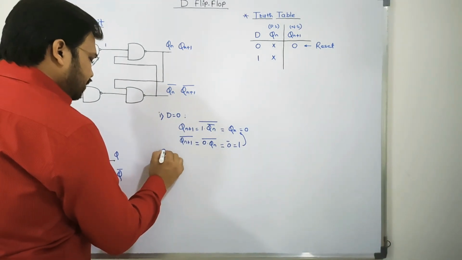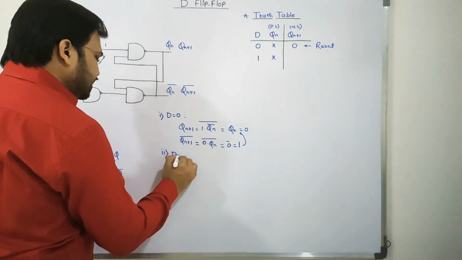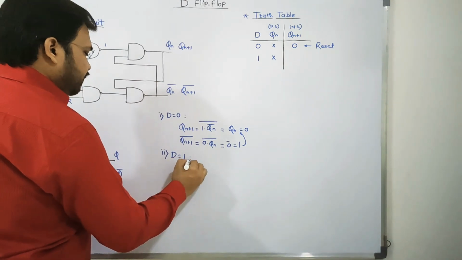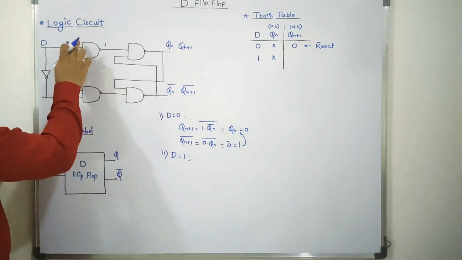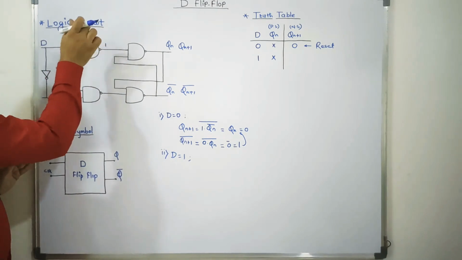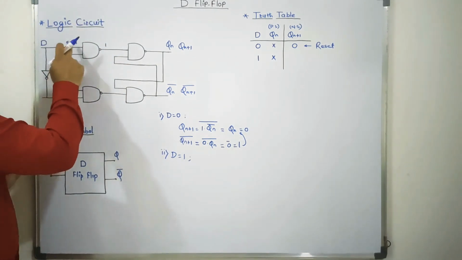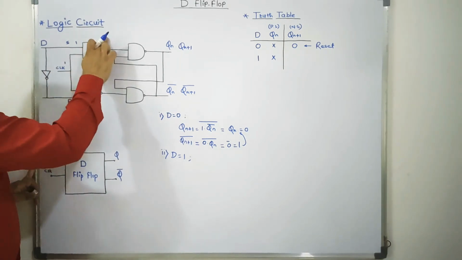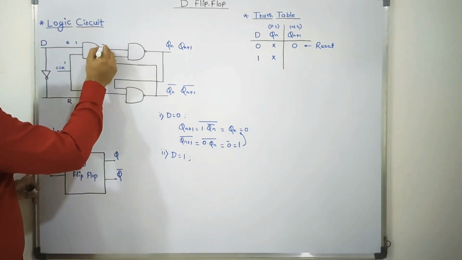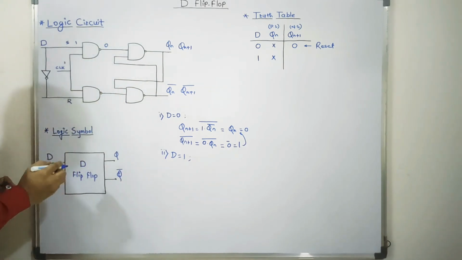So when D equals 1, the clock pulse is 1. So 1 into 1 is 1, but with the NAND gate, 1 into 1 is 0.